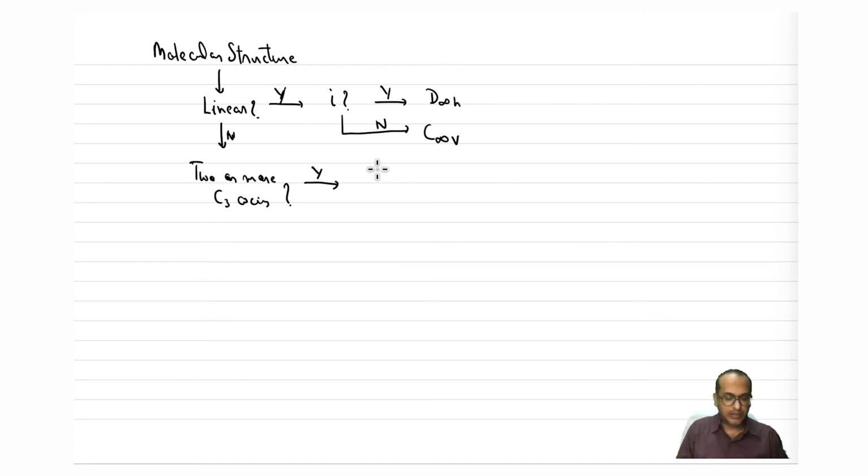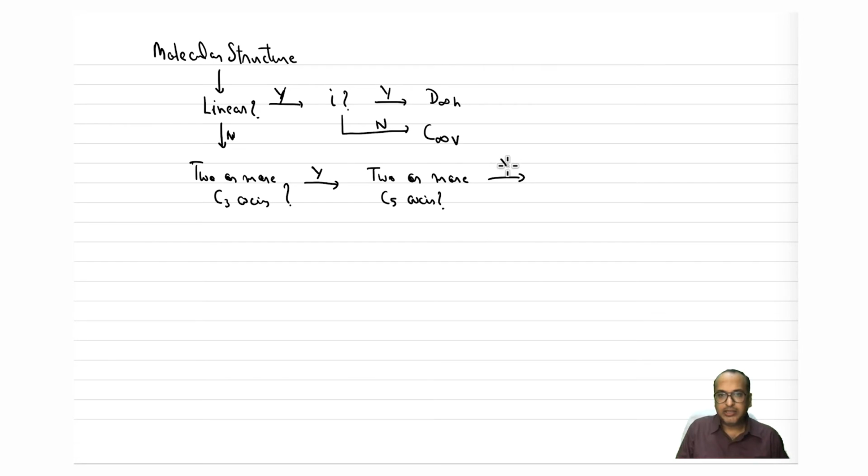If it is yes, the next question is, does it have two or more unique C5 axes?